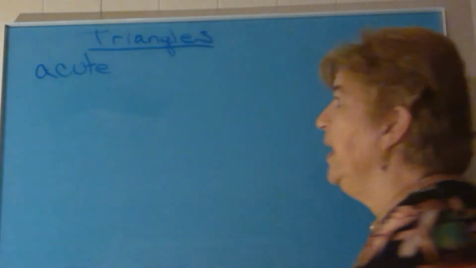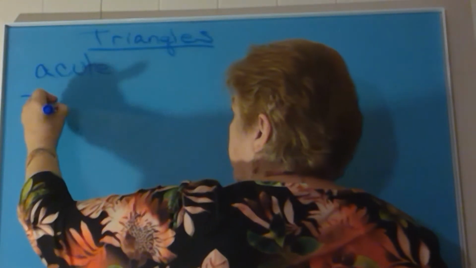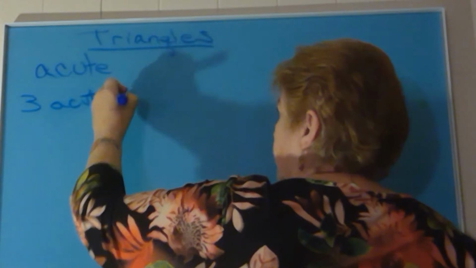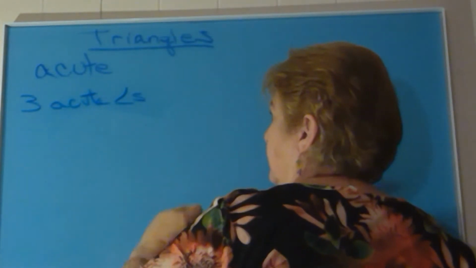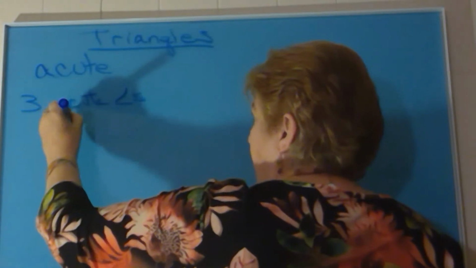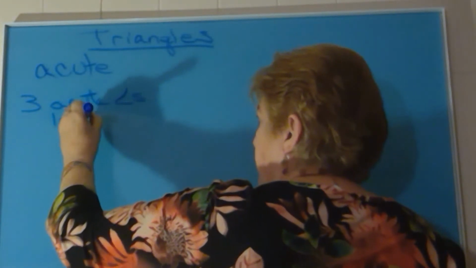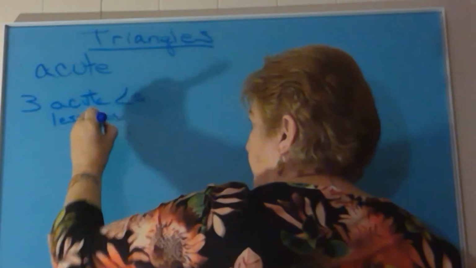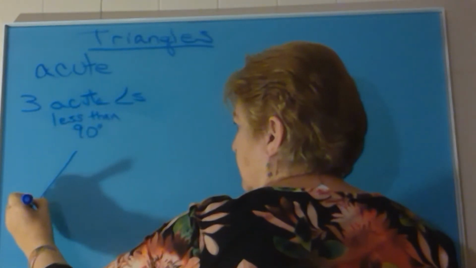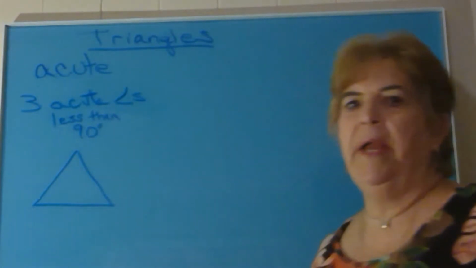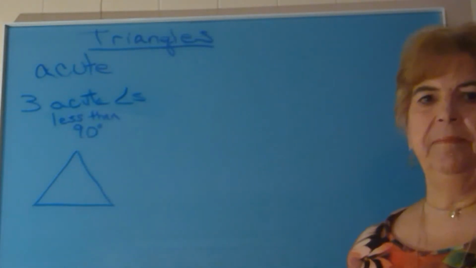An acute triangle has 3 acute angles, and acute means that the angles measure less than 90 degrees. So an acute triangle is going to look something like that.